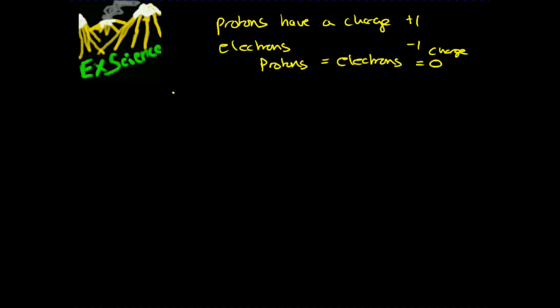Now, electrons can be quite easily removed or added to atoms, and they generate something called ions. An ion is an electrically charged atom. Ions are generated by atoms losing or gaining electrons. If I take a chlorine atom, for example, Cl, the atomic number is 17.